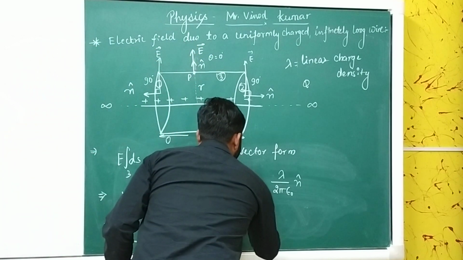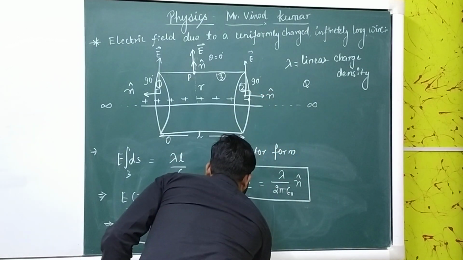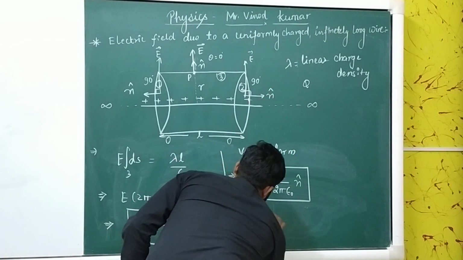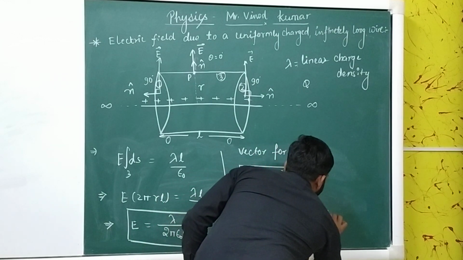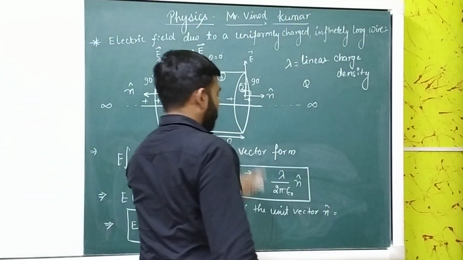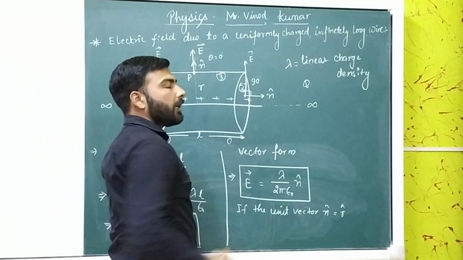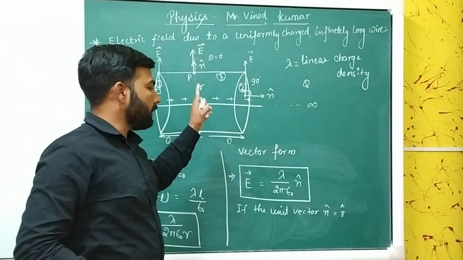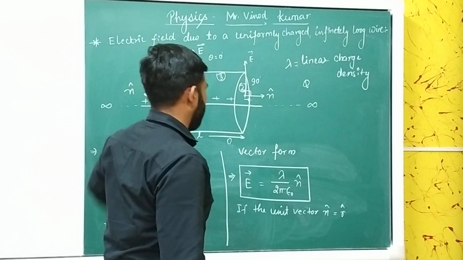And if we call it more precisely, the unit vector n cap is written as r cap, the radially outward direction. It is a unit vector along the radially outward direction.